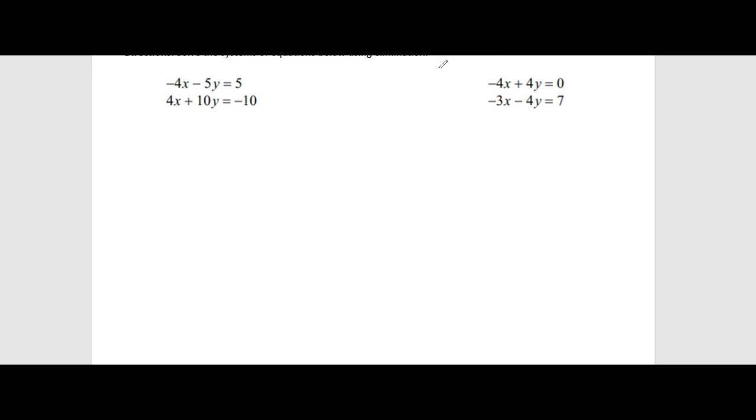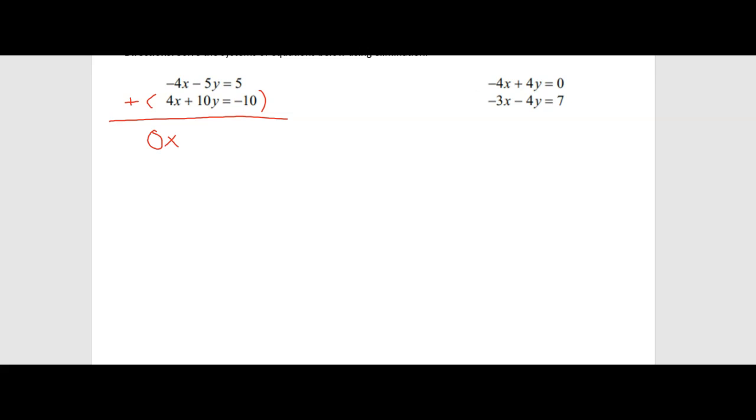And what I mean by that is we're either going to add or subtract the equations together. You'll notice here that in these 2 equations, we have a negative 4x in the first and a positive 4x in the second. Well, if I add these equations together, if I add the second one to the first one, negative 4x plus 4x is 0x.